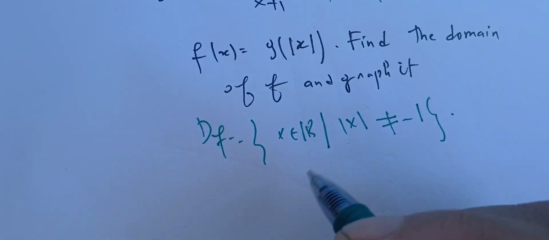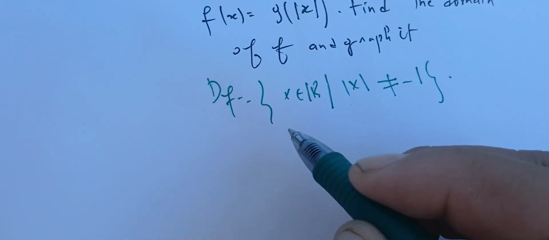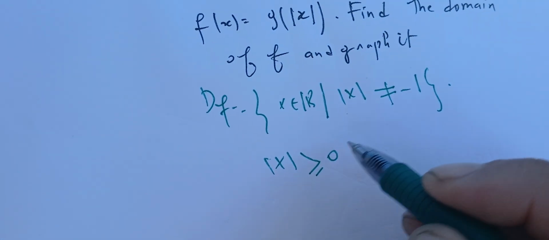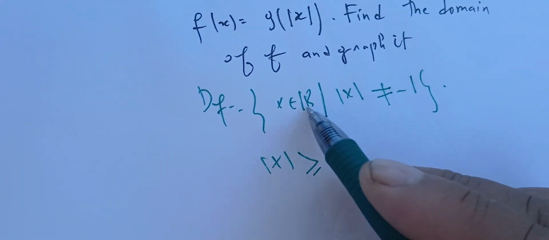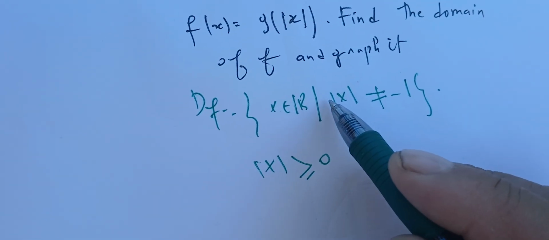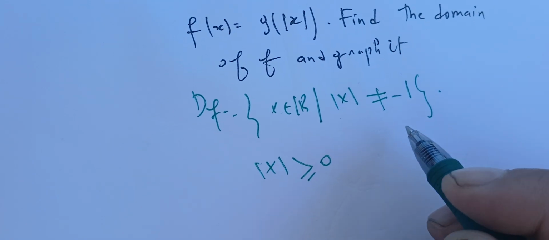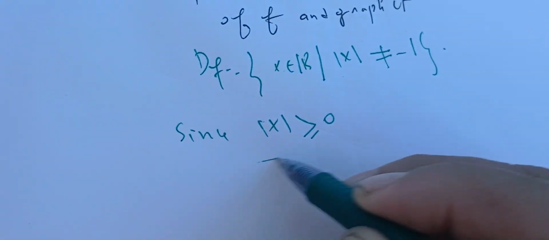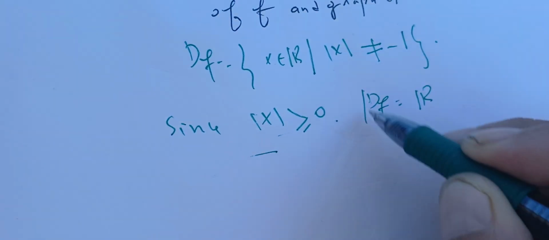And we know that the absolute value is always bigger than or equal to 0. It's never going to be -1. Therefore this is always true, no matter what value we give to x. Since we have this condition, the domain of f is R.